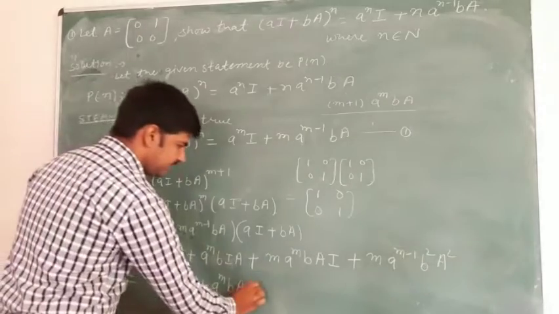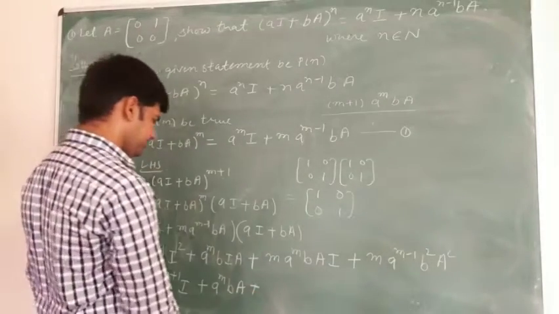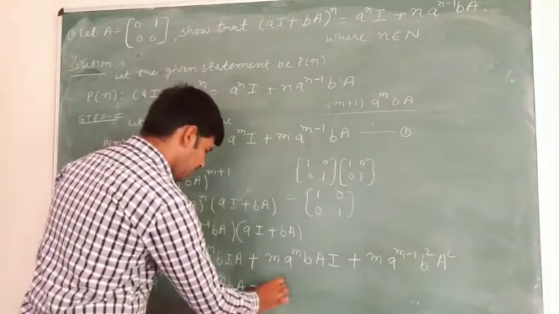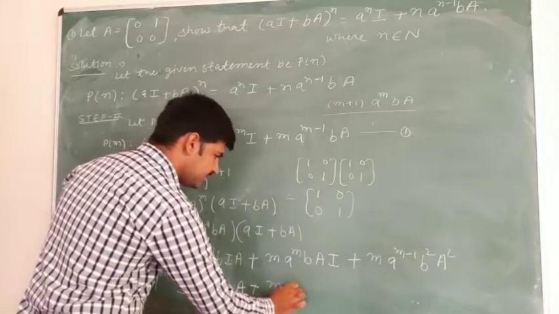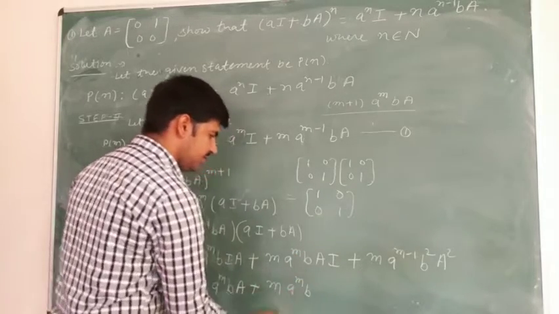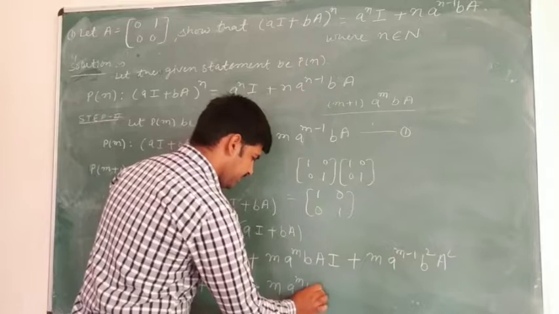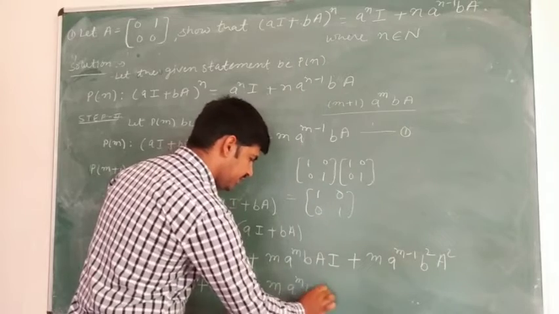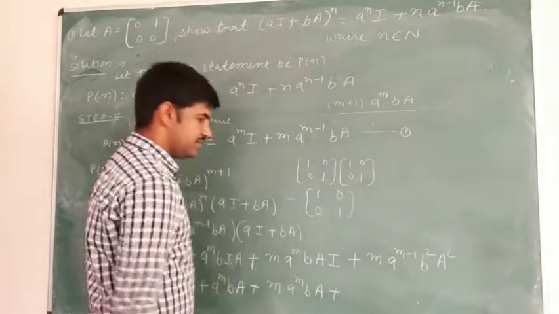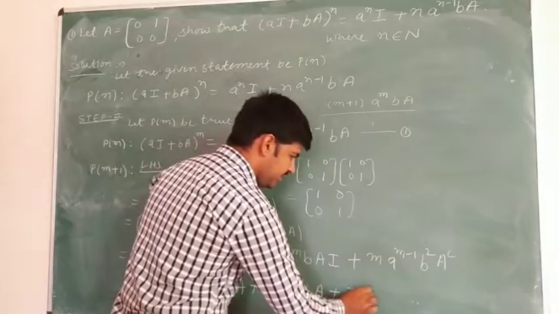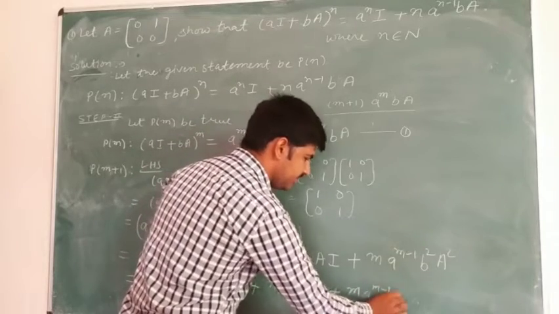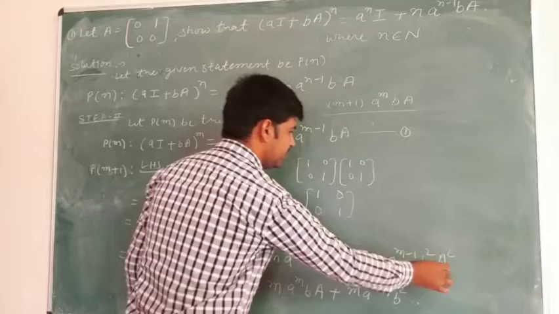Okay, plus this side we have m A raised to the power m B, and then AI is equal to A only, and plus this side we have m A raised to the power m minus 1 B squared, and the value of A squared.